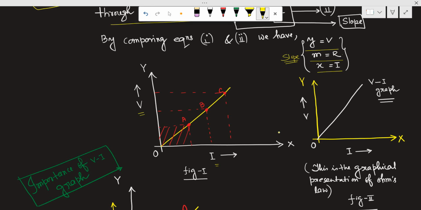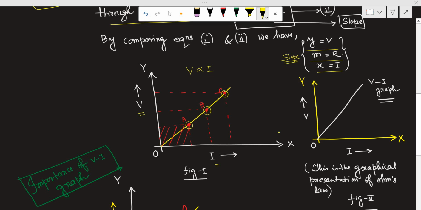As a result, we get a straight line which is passing through the origin, and for analyzing the proportional relation between V and I, we just draw 3 points A, B and C on the straight line. Then we draw a perpendicular on the x-axis as well as on the y-axis from each point.